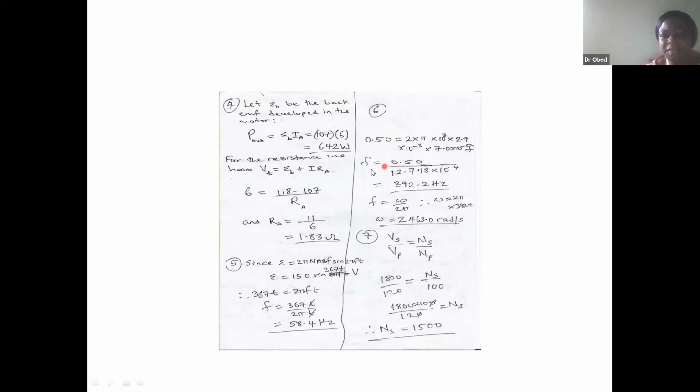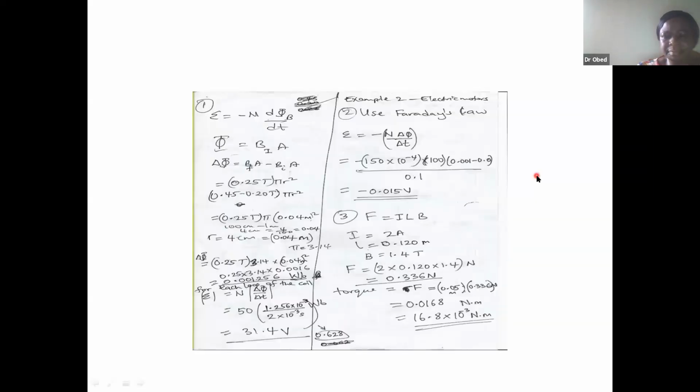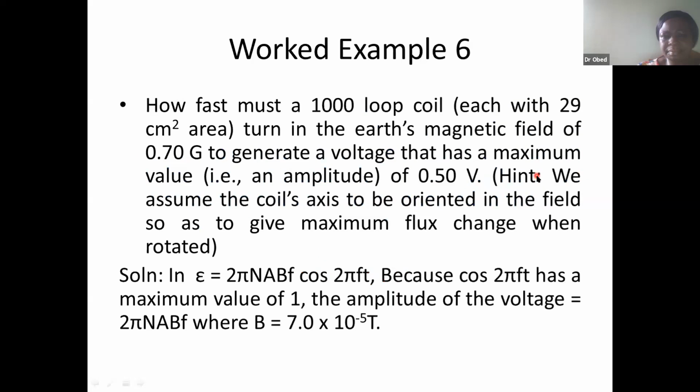So if you make F, frequency, the subject of the formula, like I said, you have this combination. This is epsilon, that's the maximum voltage.